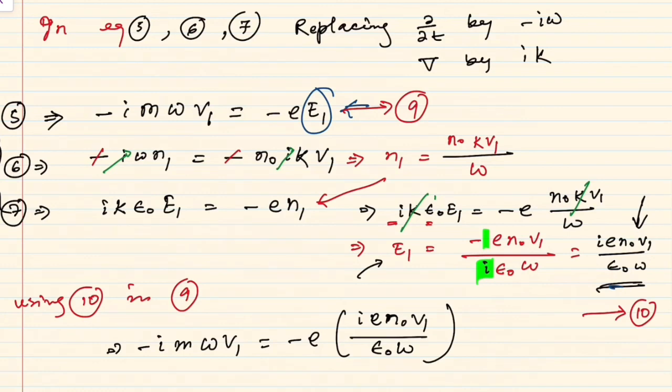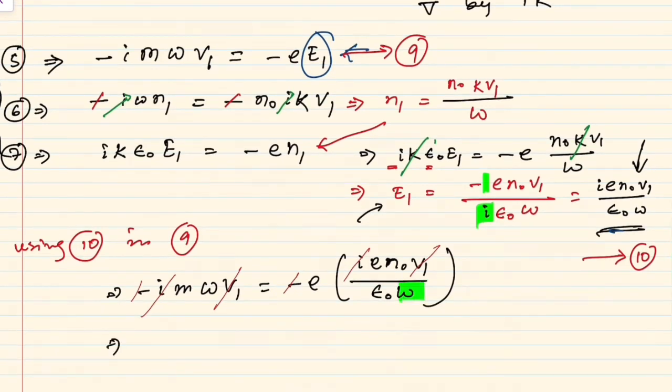So here this v1 cancels, you can cancel i and i, and minus minus will be cancelled.